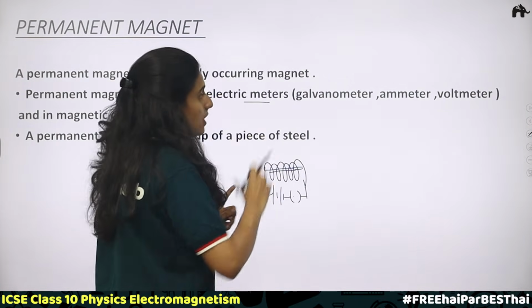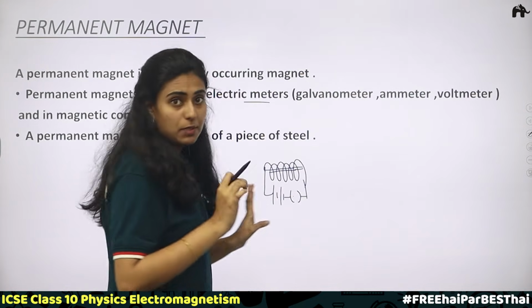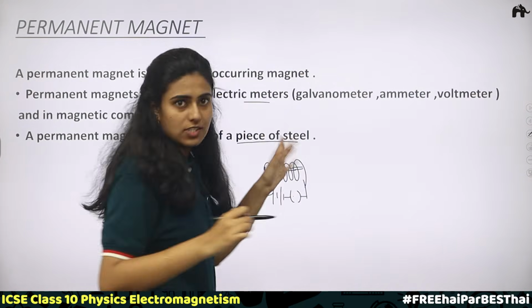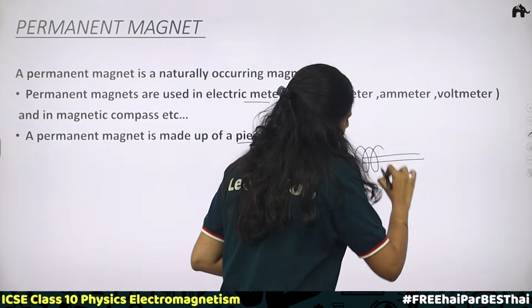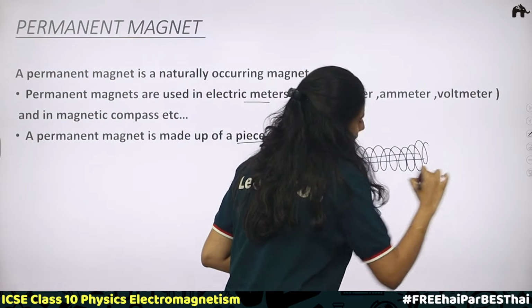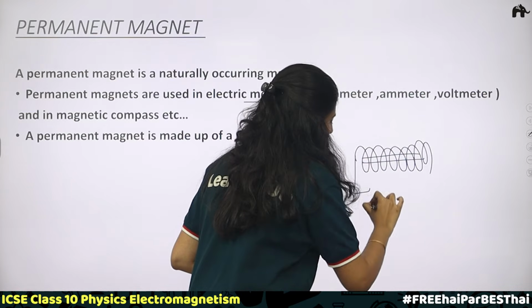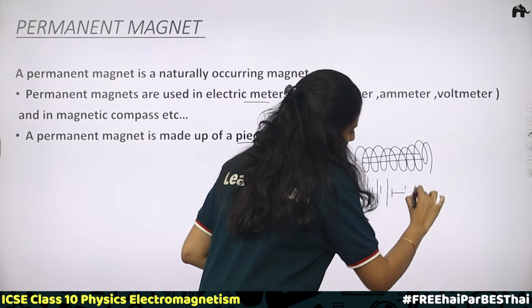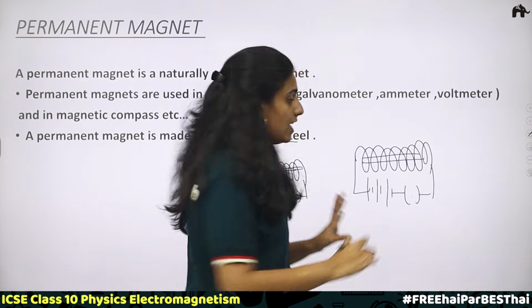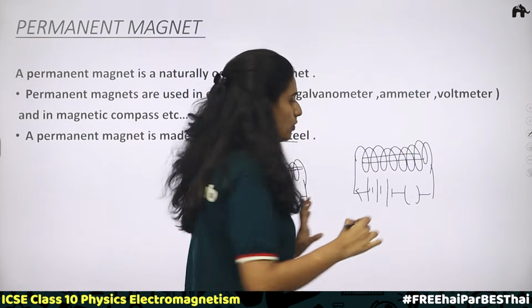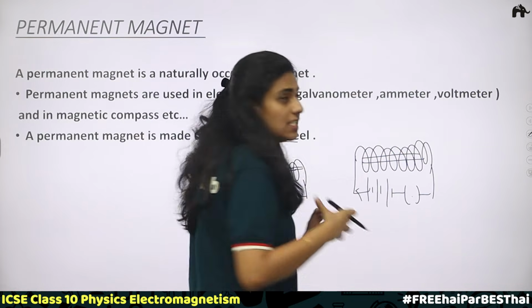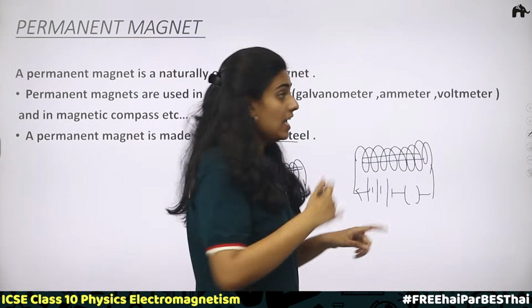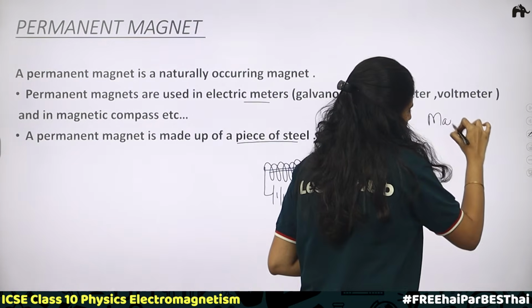But in case of a permanent magnet, we make it using a piece of steel. Take a piece of steel, insulated copper wire is wound over it, connected to a battery, then a key is plugged in and current starts flowing through it. When current starts flowing, the steel piece starts gaining magnetic property. It starts to get magnetized.